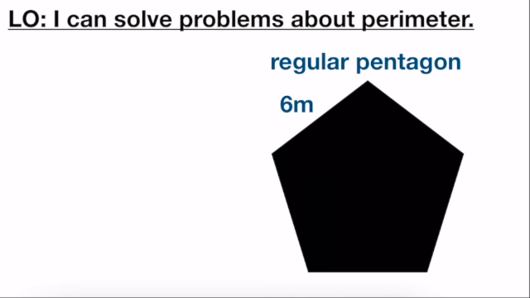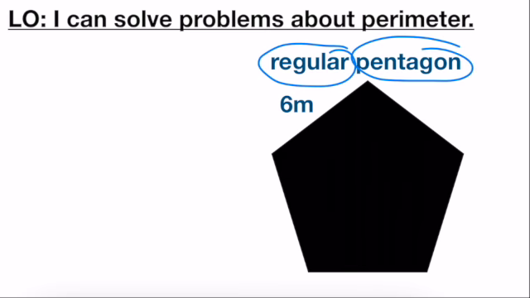This polygon is a regular pentagon. Now, when we say regular, it means all the sides are the same. You can have an irregular pentagon where each of the sides is a different length, but regular means they're all the same, and pentagon means 5 sides. So we know there are 5 sides, and each one is the same, and it's 6 meters.